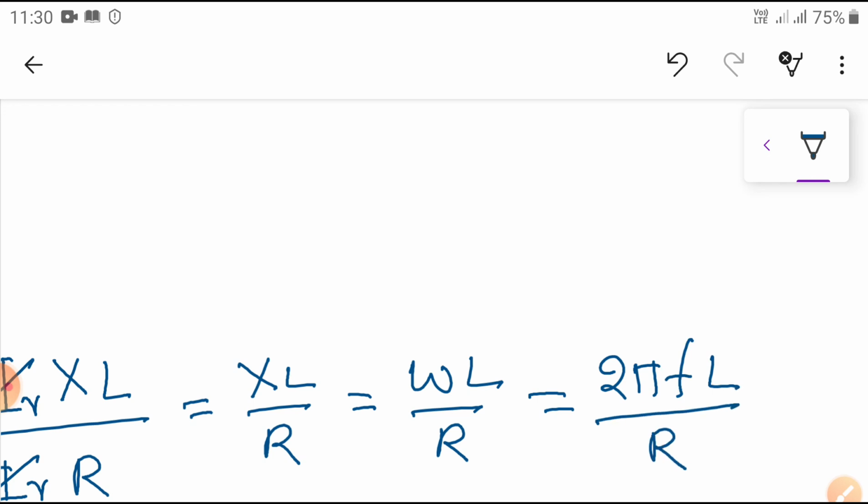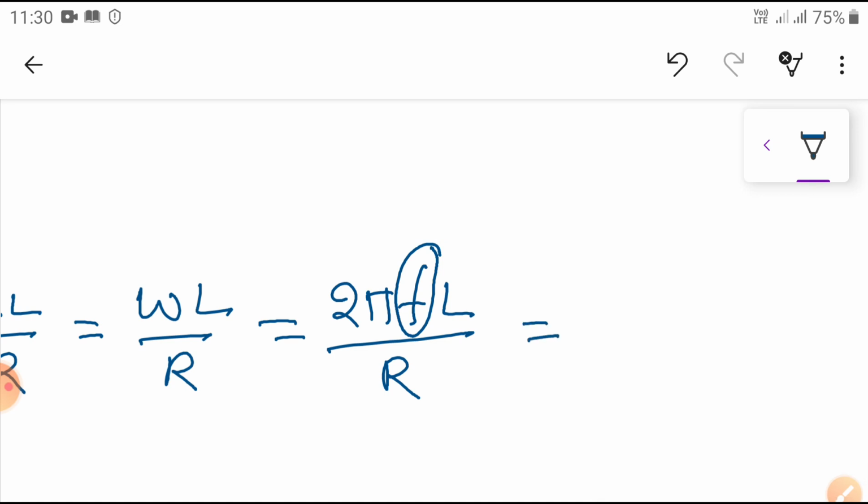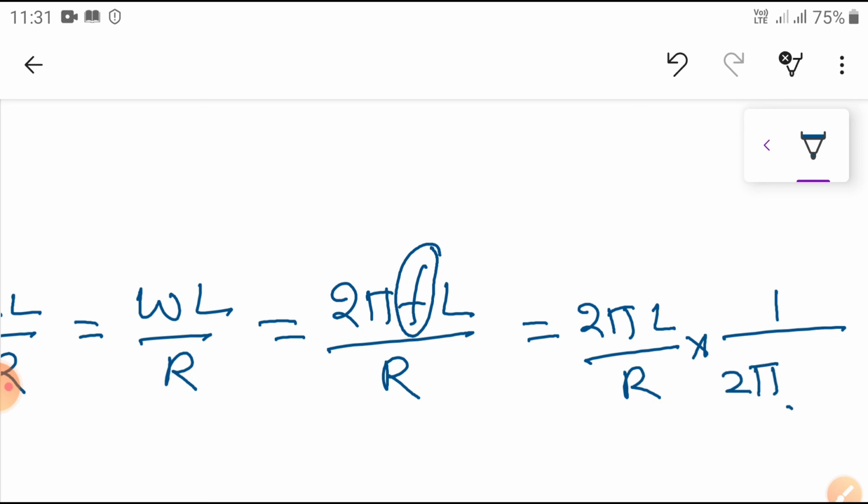Okay, so these are our values. Now we know the frequency at this stage is equal to the resonance frequency. Substitute that value also, then we get 2 pi L by R into fR, the resonance frequency, which is equal to 1 by 2 pi root of LC.